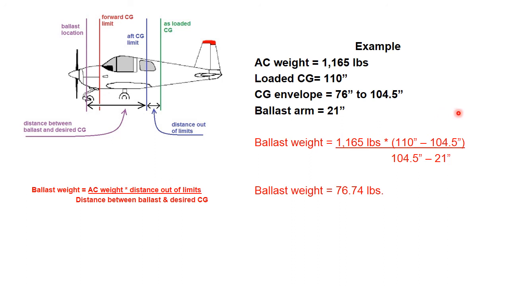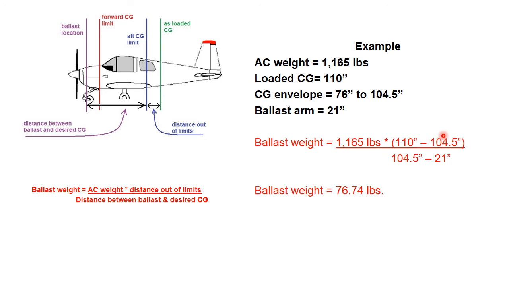We will divide this by the distance between the ballast and the desired CG, our ballast location of 21 inches, and our aft CG limit of 104.5 inches.